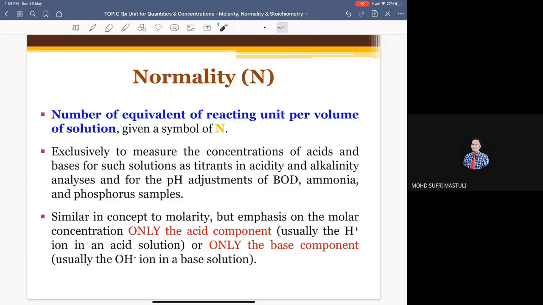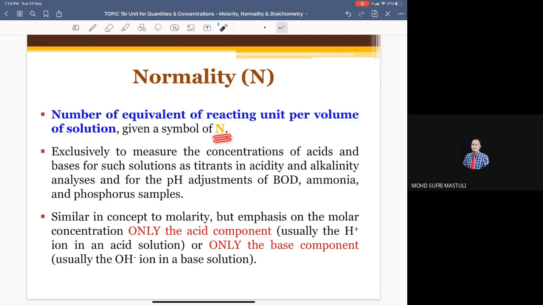So normality, capital N. Normality is the number of equivalent reacting units per volume of solution.